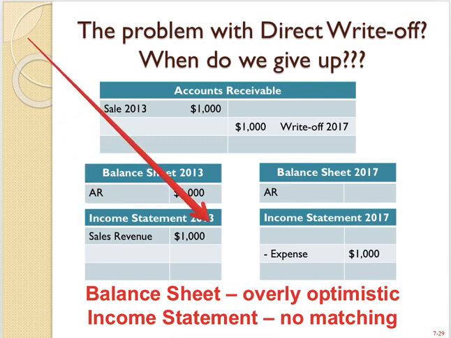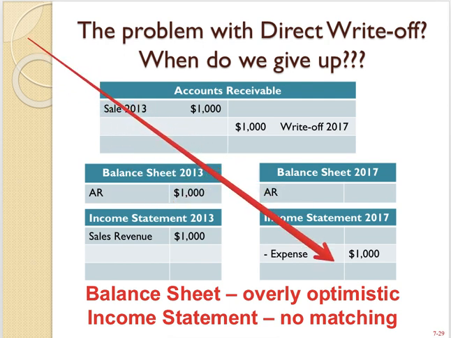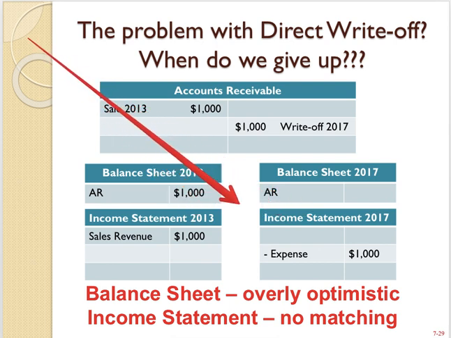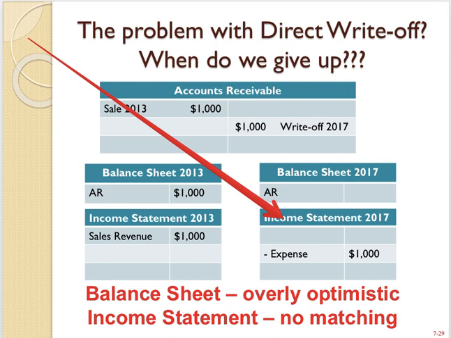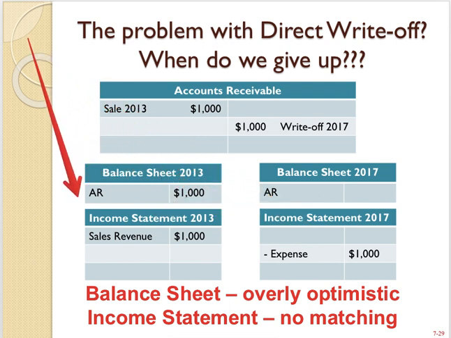So what's happening is our revenue is in a different period than the expense associated with that revenue. Okay, so our income statement is not matching. It's violating the matching principle because revenue and expenses are happening in 2 different accounting periods. So we have some problems with our financial statements under the direct write-off method.